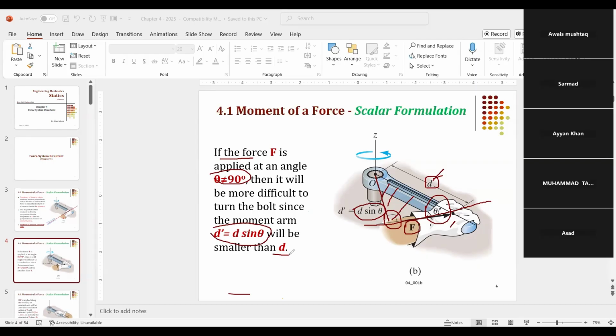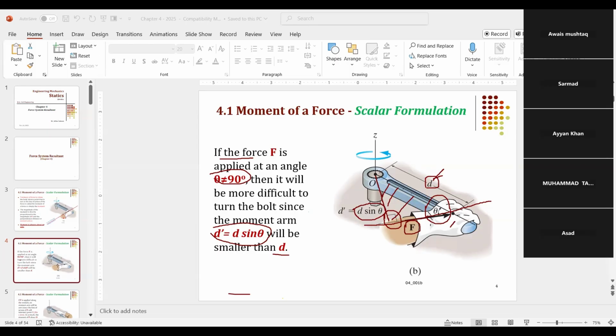When the moment arm is smaller, a smaller moment is produced. When you apply the same force but the moment arm is smaller, the moment produced is also smaller. It means it has become difficult to turn this bolt.